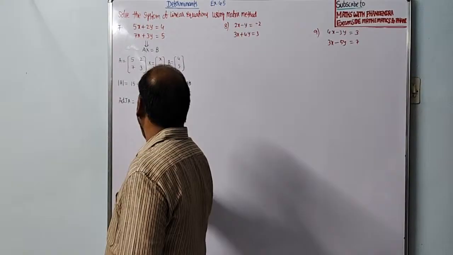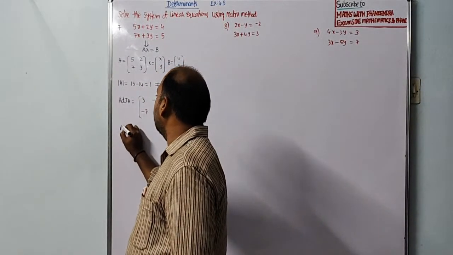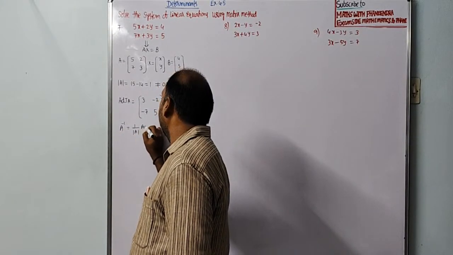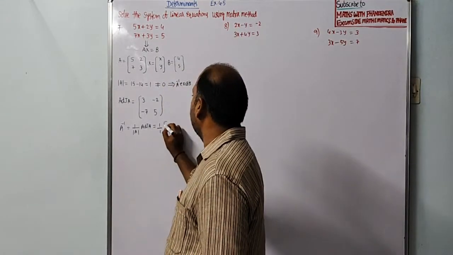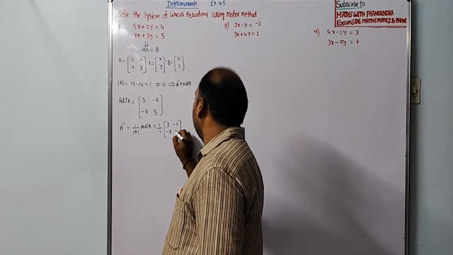So minus 2, minus 7. After finding adjoint, A inverse equals 1 by det A into adjoint A. So 1 by det value is 1, and adjoint A matrix is 3 minus 2 minus 7 and 5.